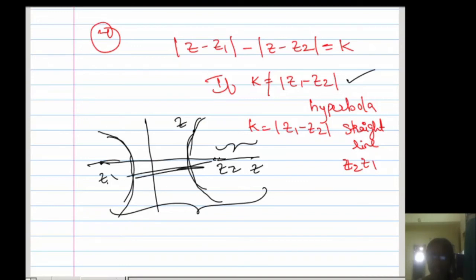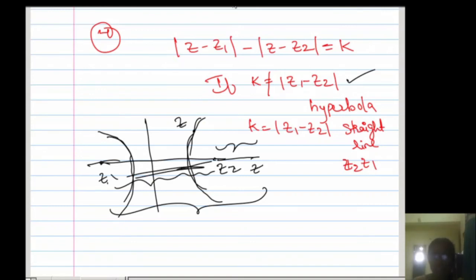So K equals Z1 minus Z2, and Z lies on the ray Z1 Z2, which represents a straight line. When K equals mod Z1 minus Z2, it is the same concept as for the ellipse. But K not equal means Z does not lie on the straight line; it satisfies this condition and represents a hyperbola. You have to remember it as a shortcut like this.